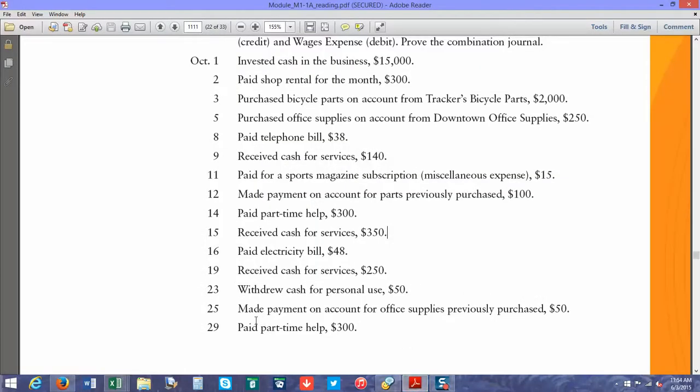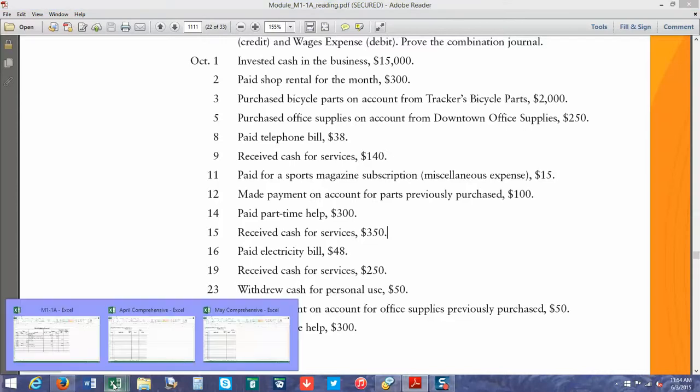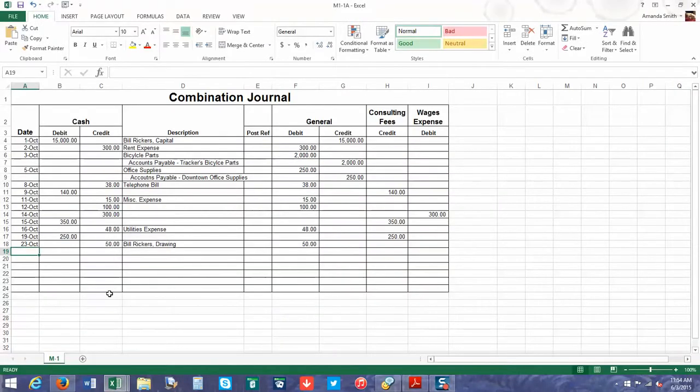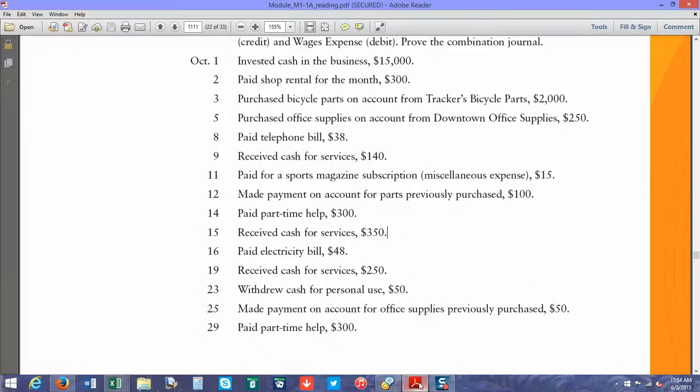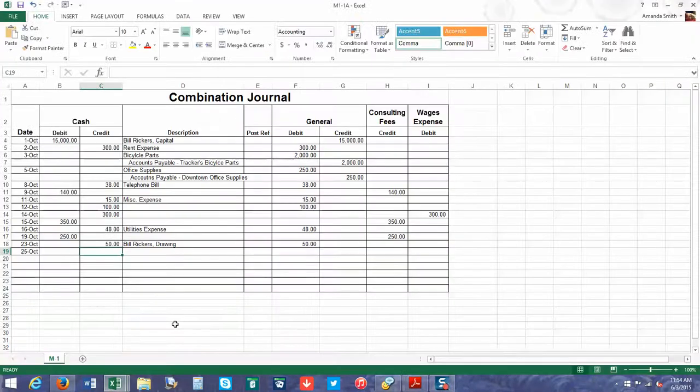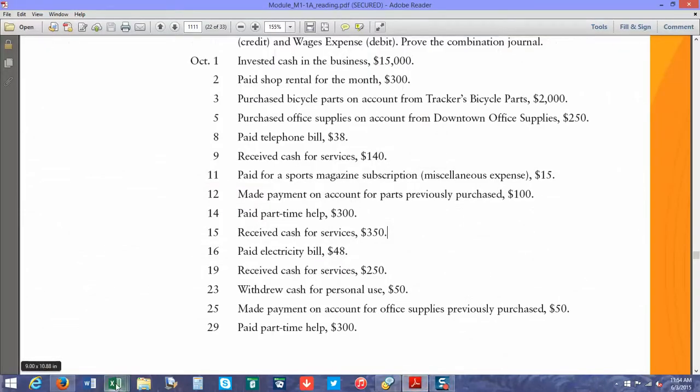On the 25th, we made a payment on account for supplies previously purchased. So on the 25th of October, it was $50. So then we're going to credit cash and debit our general accounts. The last one, we paid part-time help of $300.